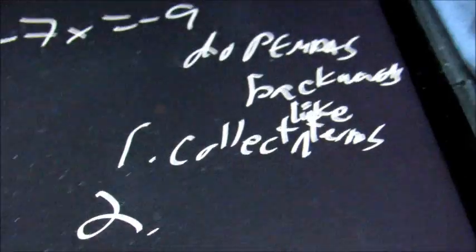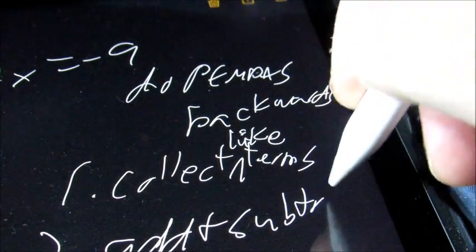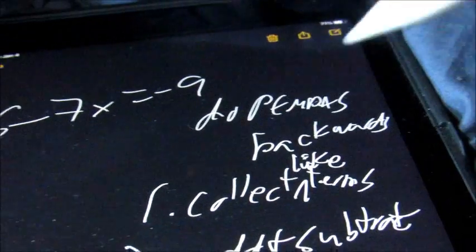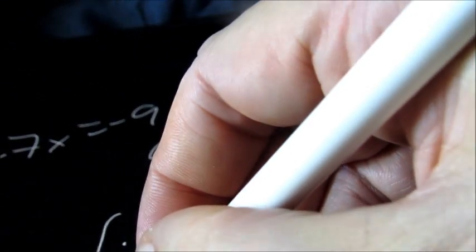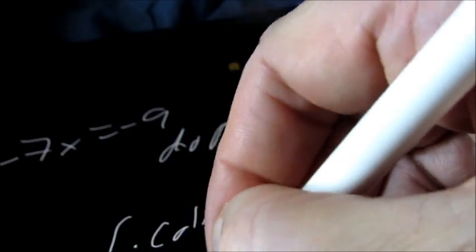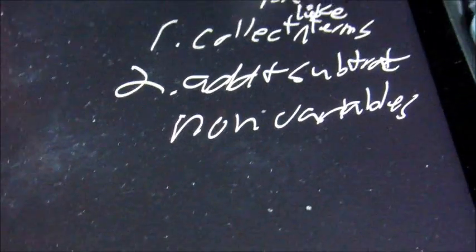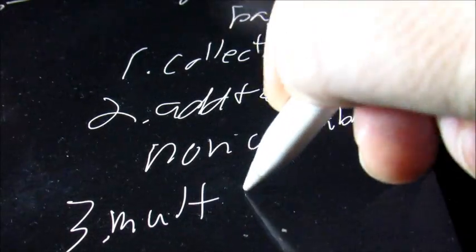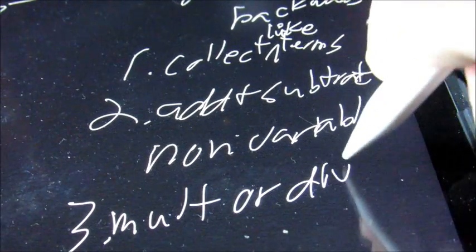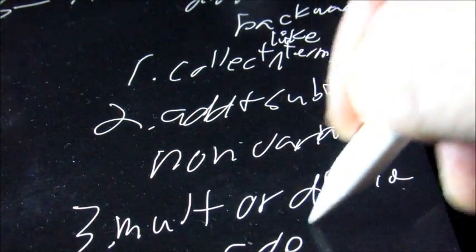Then we're going to add and subtract all the non-variables, and that's to get x by itself. All the x's on one side, all the numbers on the other, and then third, multiply or divide the coefficient.